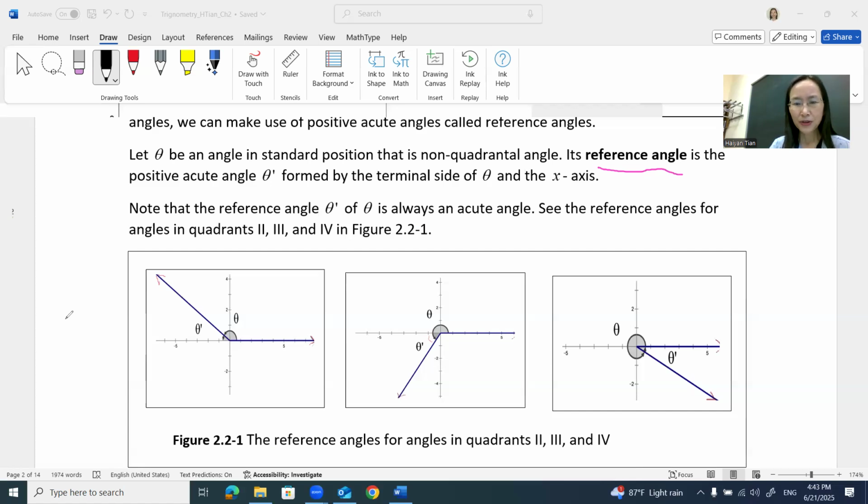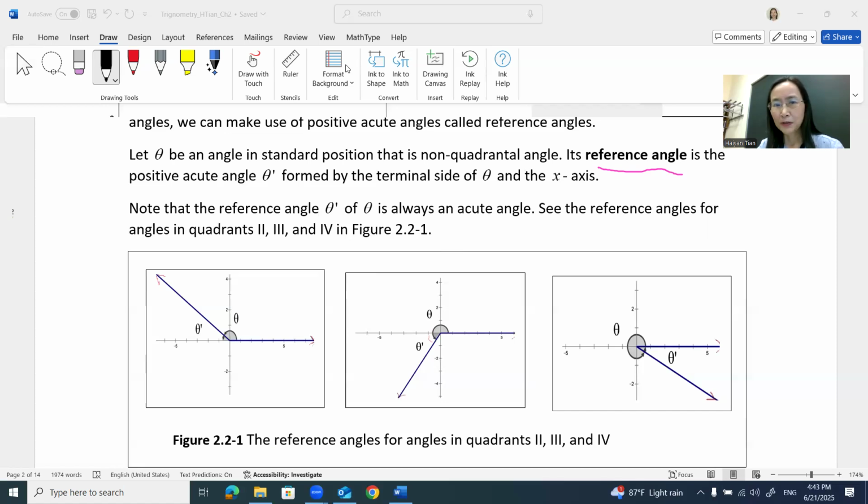So the reference angle is acute, and we know the trigonometric function values for the reference angle must be positive. However, the trigonometric function values for theta are not necessarily positive, because theta can be in any one of the 4 quadrants.